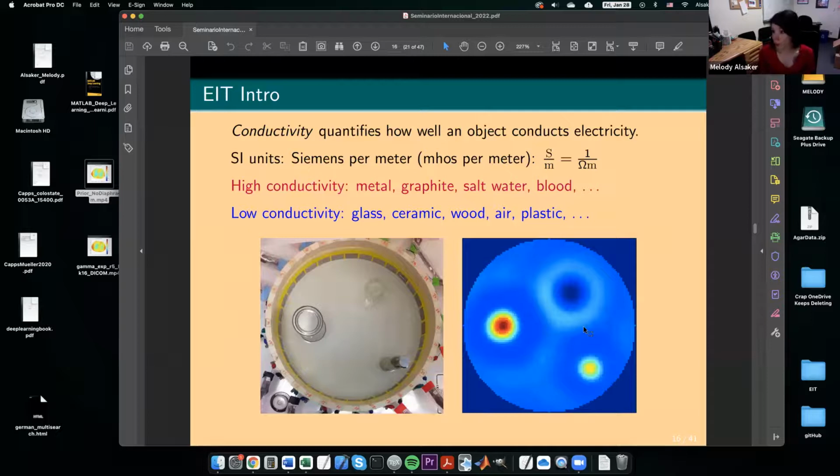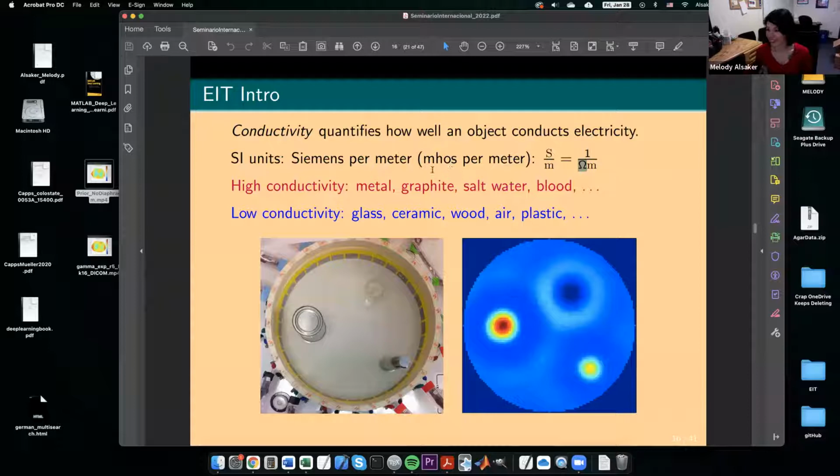For those of you who don't know, conductivity is a measurement which quantifies how well an object conducts electricity. The SI units are Siemens per meter, which is sometimes called mhos per meter because it's ohms backwards. This is the symbol for an ohm, so it's 1/ohms, and it's called a mho.